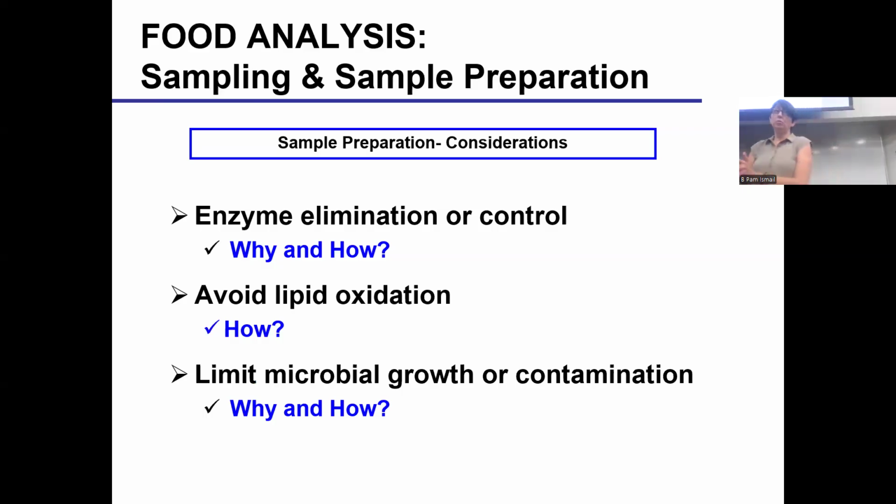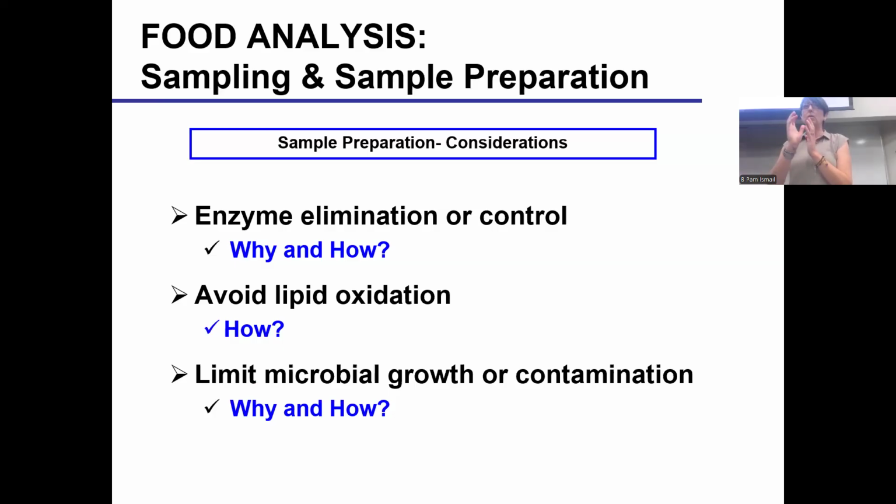You don't want microbial growth, obviously, because if you have microbes, they're going to eat up your carbohydrate, they're going to eat up your protein, they're going to ferment. So everything will be bad. They're going to produce their own metabolites, so you don't want that. So again, to limit microbes, what do you do to limit microbes from your sample?